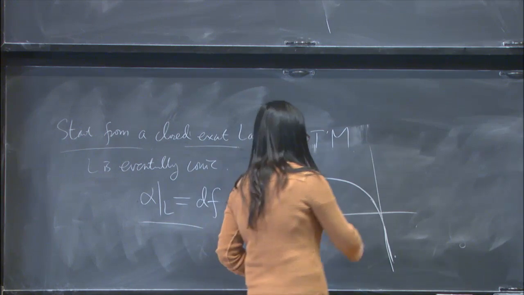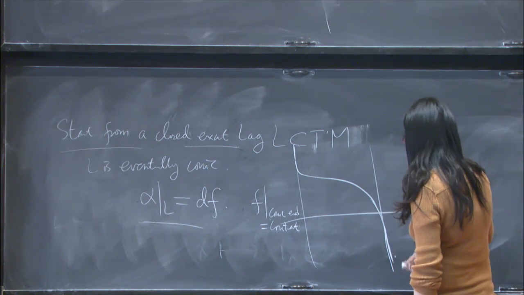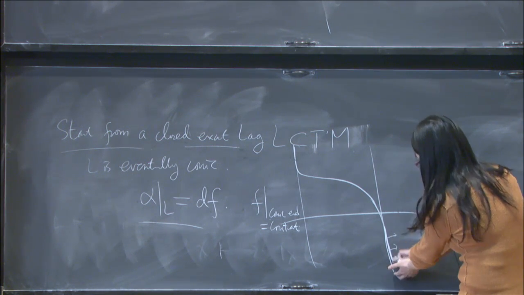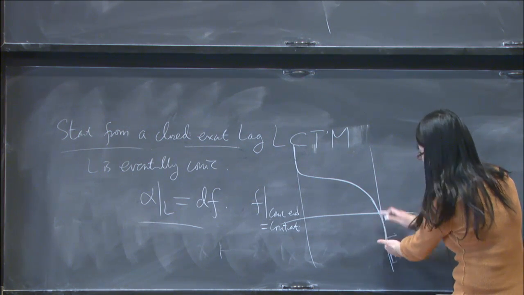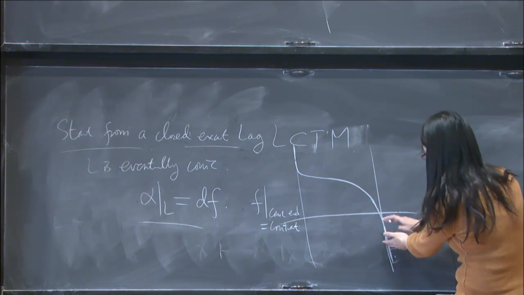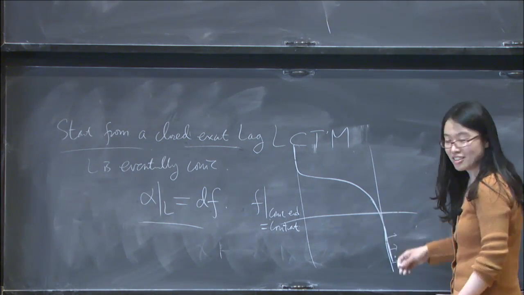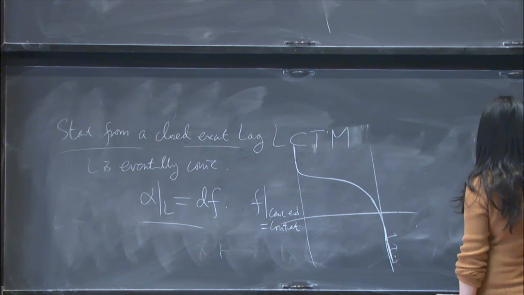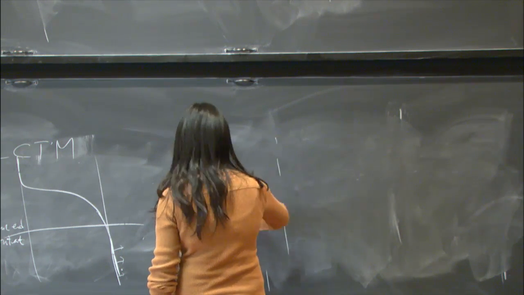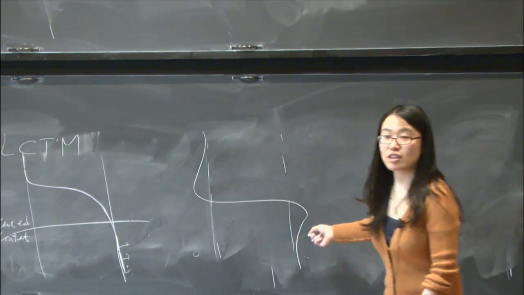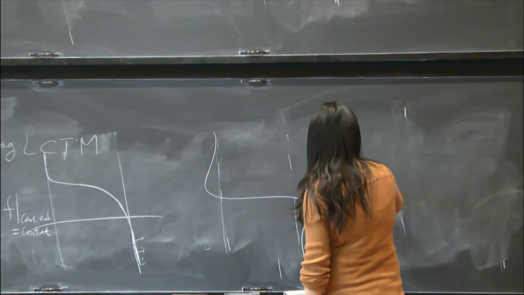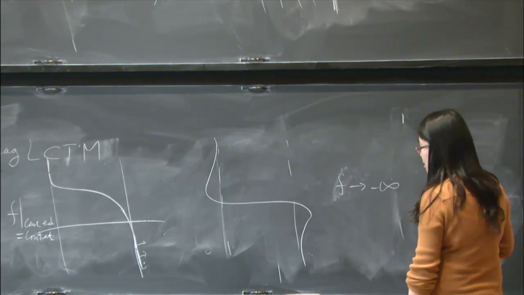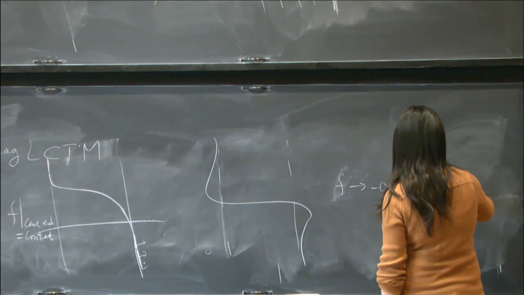One can easily achieve this by doing a kind of Reeb perturbation. You do a larger Reeb perturbation when you are closer to infinity, but you have to stop this procedure when you're close to the 0 section. After this perturbation, the Lagrangian looks like this, and f approaches negative infinity near the ends.